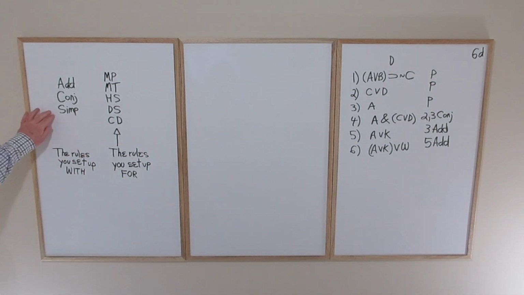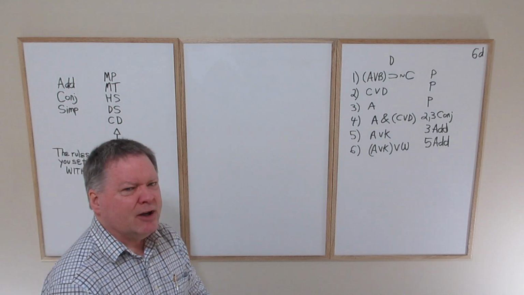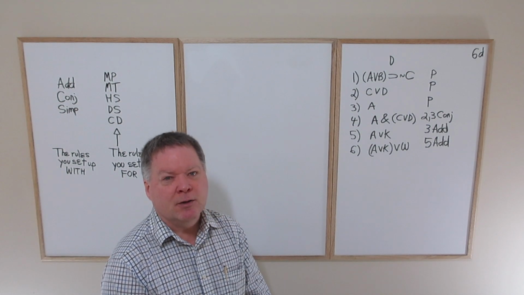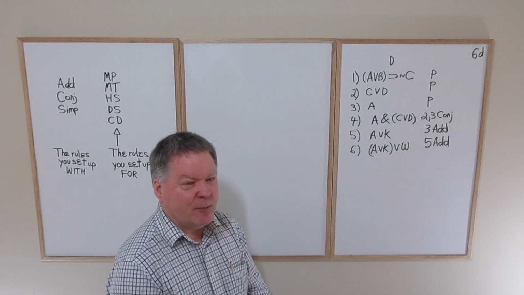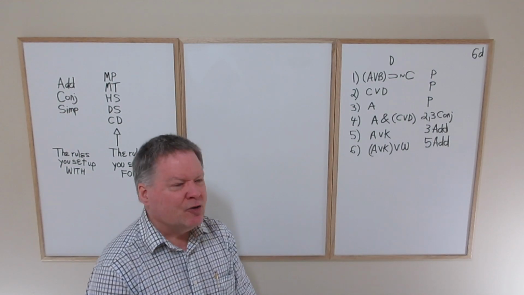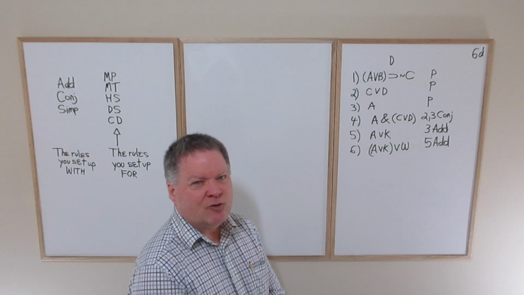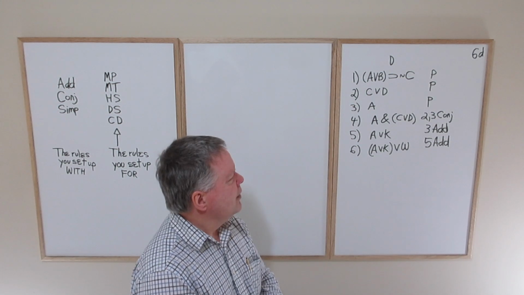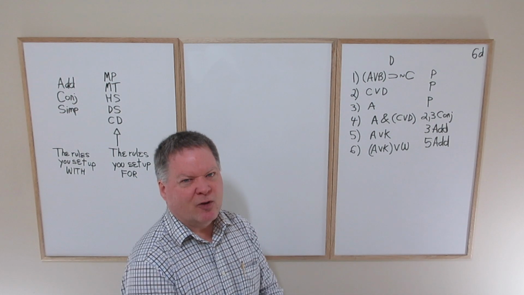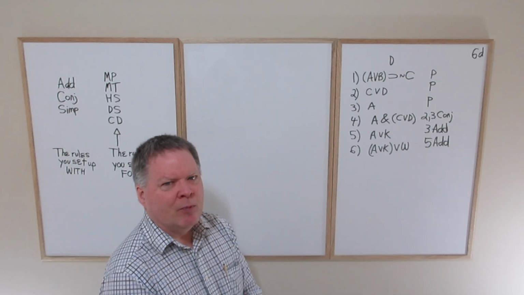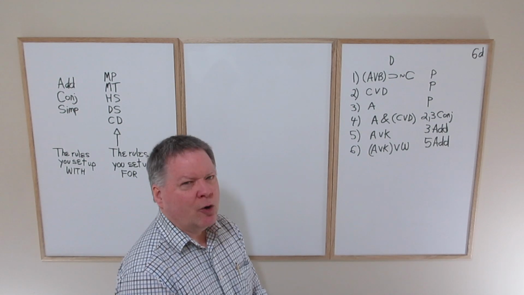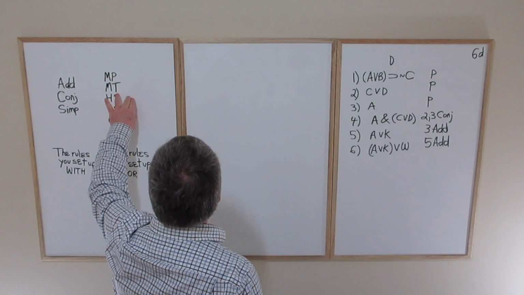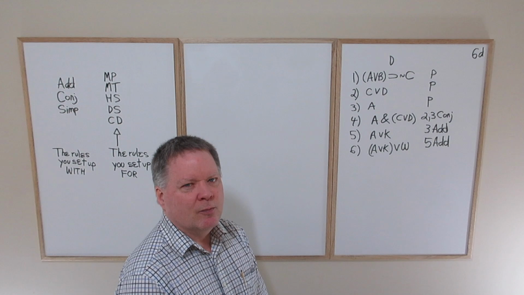The third setup rule, simplification, is a little bit different in that you have to have a conjunction in order to snap off either of the conjuncts. So there's not going to be limitless opportunities to employ simplification, but largely, I'm afraid I can't say always, but largely, simplifications are going to be done in order to set up for one of the multi-line rule employments.